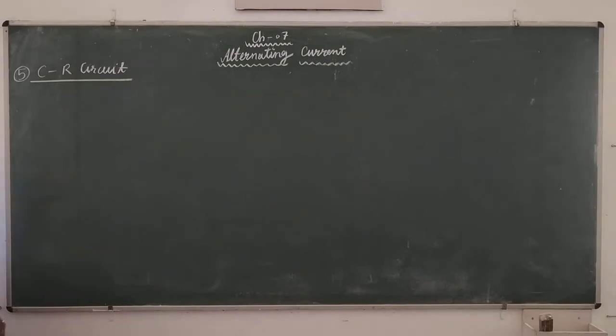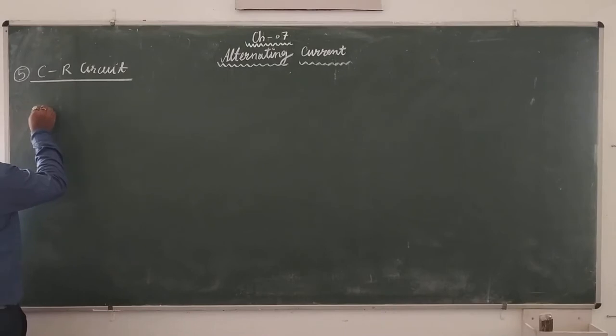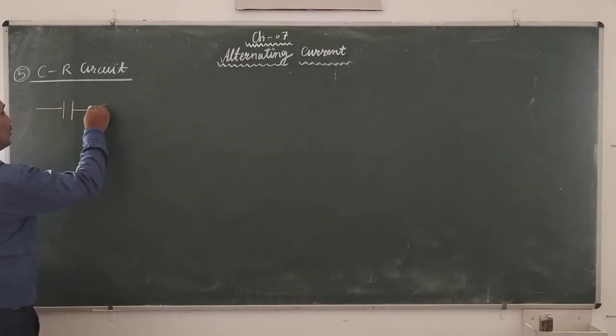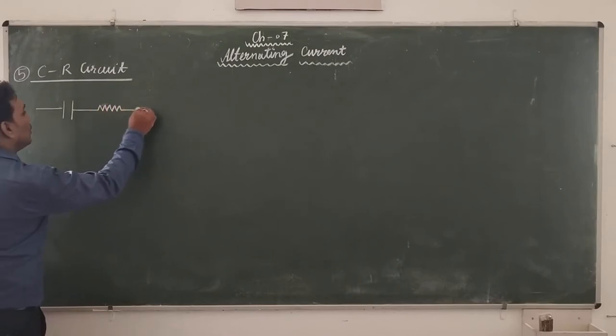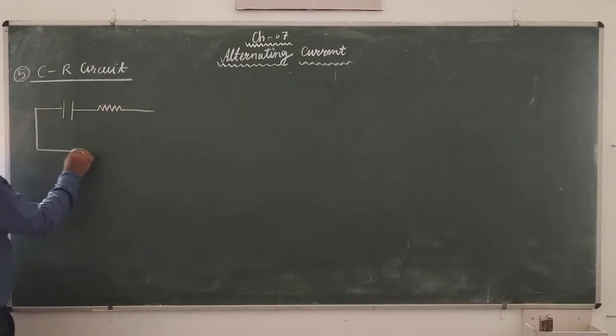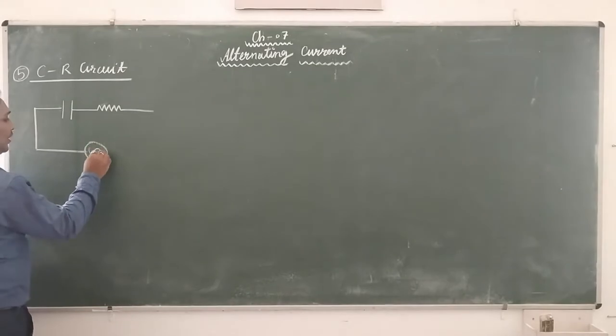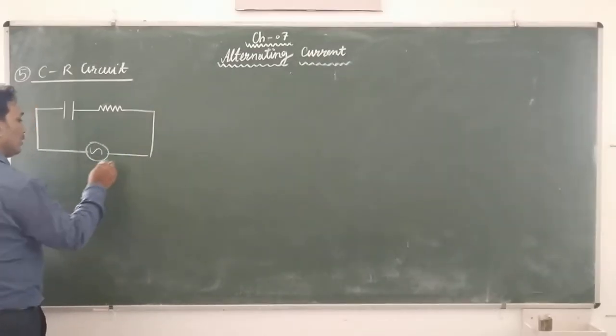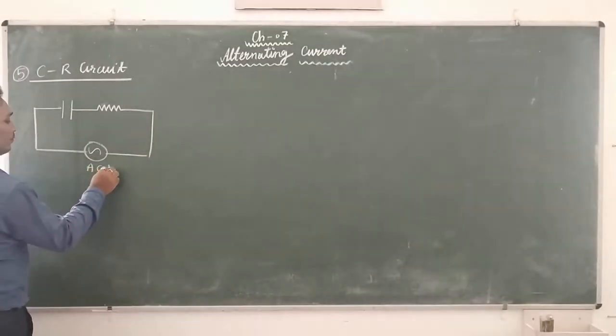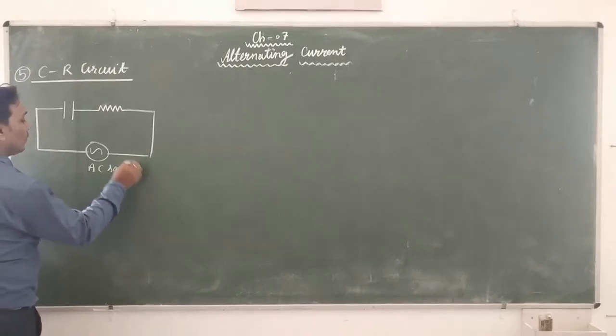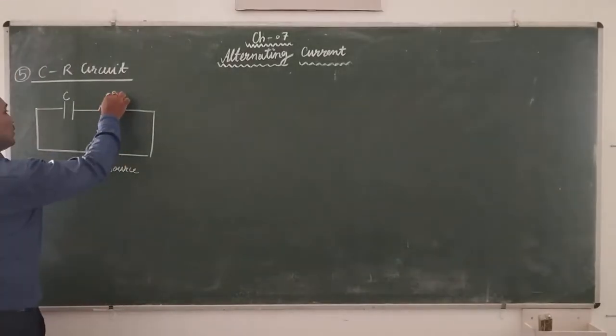Now let us try to solve it. How will the circuit look like? For the capacitor, you know this is a capacitor, and for the resistance, this is your resistance. This is your alternating source, your AC source.